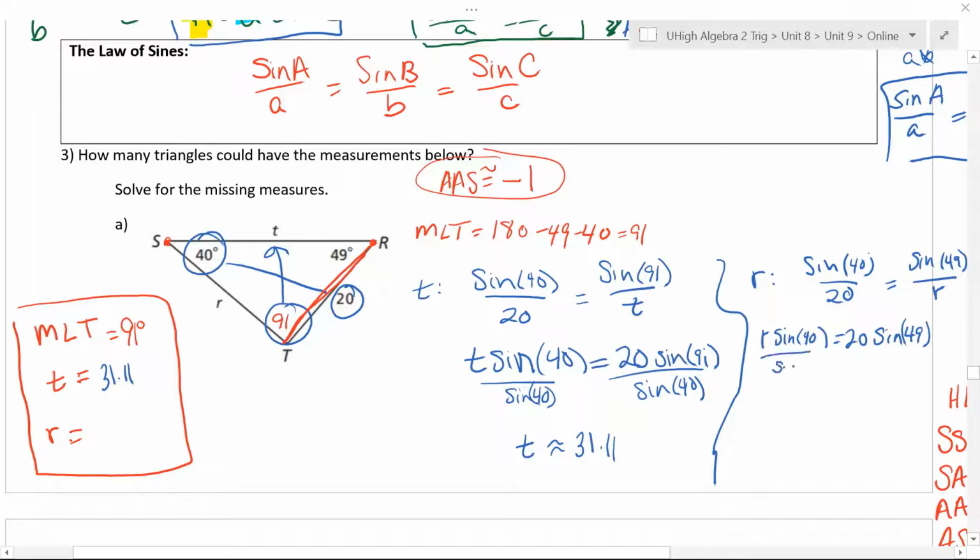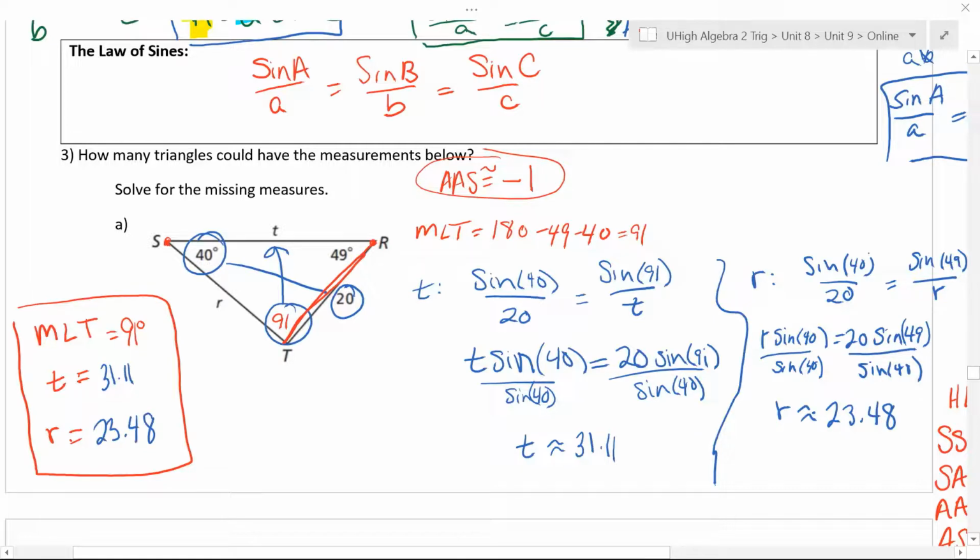Divide both sides by the sine of 40. And when I plug this right side into my calculator, I can find that R is approximately 23.48. And again, I don't have a measurement, so I can just leave it like that.